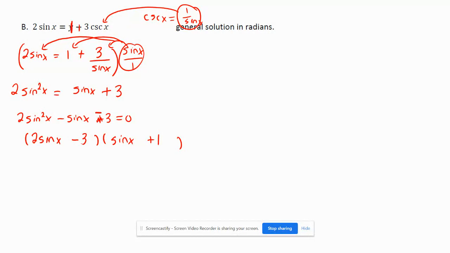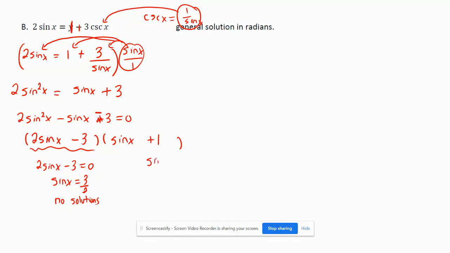So for the first one, we have 2 sine x minus 3 equals 0. Add 3, divide by 2. Sine x equals 3 over 2. Now this is outside of our range from -1 to +1, so therefore there are no solutions for this root over here.